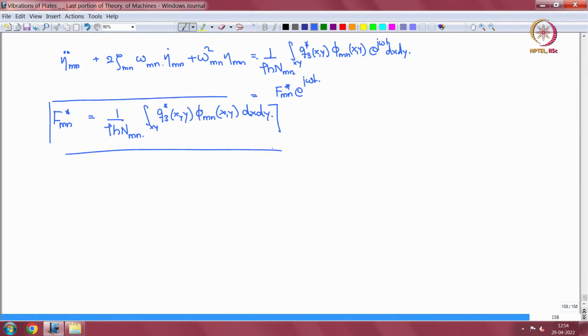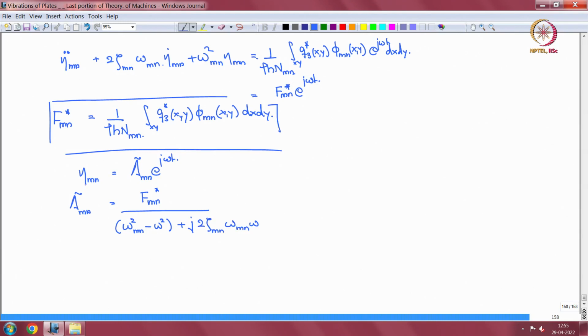Okay, why is that? Because now if I set eta mn to be equal to this, my gamma mn tilde e to the power j omega t, okay, then my gamma mn tilde is equal to f mn star divided by omega square mn minus omega square plus j twice zeta mn omega mn omega.